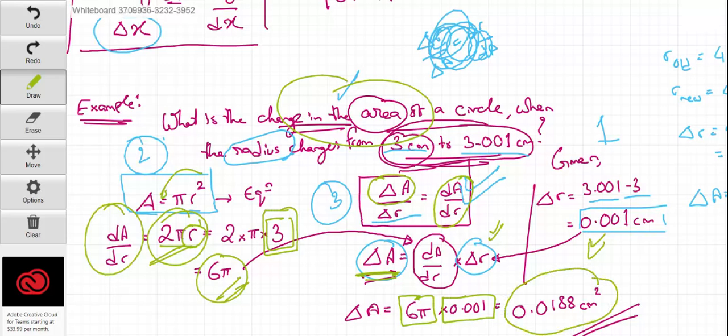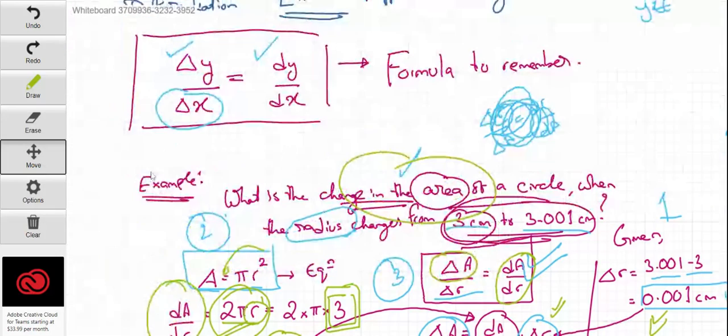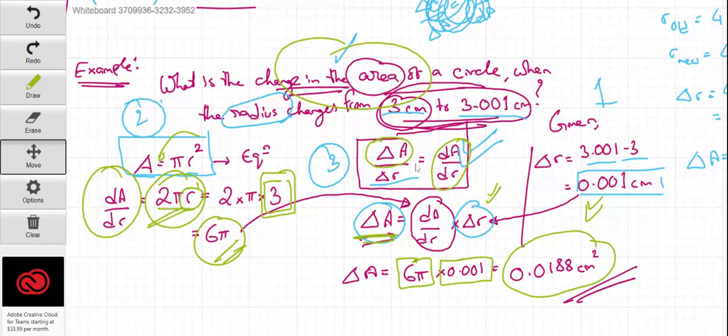Okay, so a few things to remember. You need to design the formula like this based on the change formula, and you need to see what is changing. In this case, the radius is changing. Find out the change in radius, find out the value of the differentiation by using the old value of the radius, and put it in the formula.